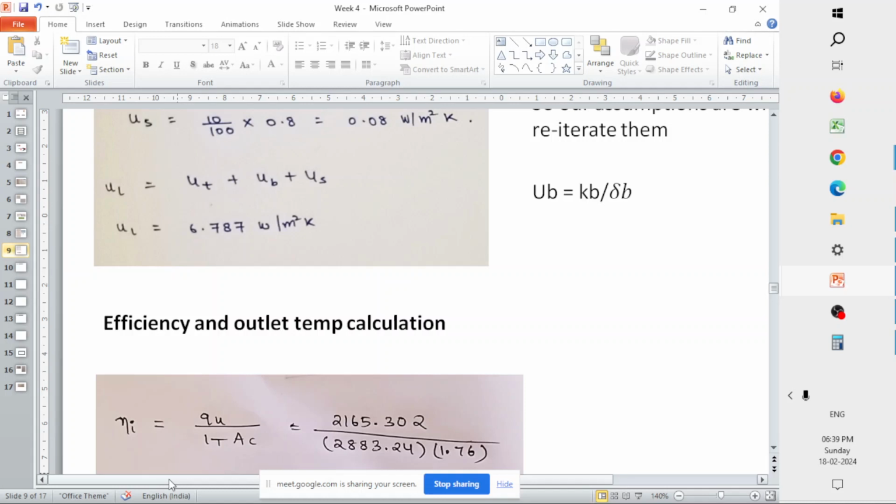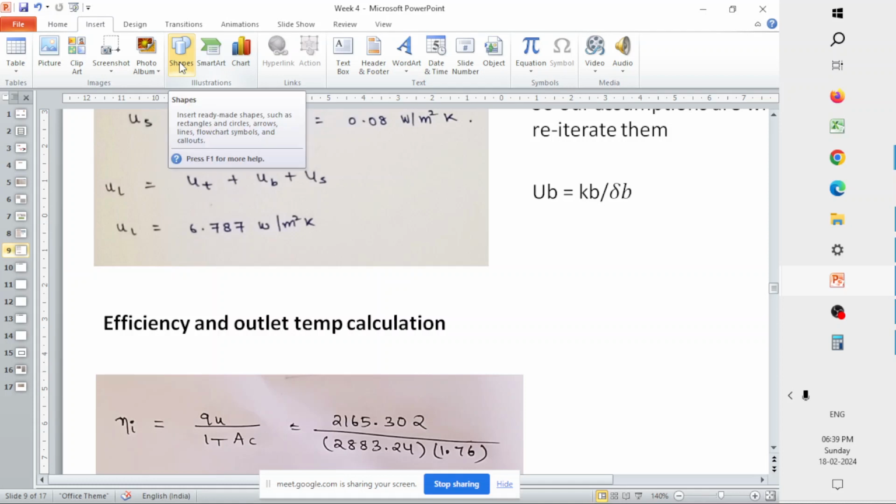There you can stop iterating, but until your UL assumed and UL calculated are the same, you have to keep reiterating the procedure.